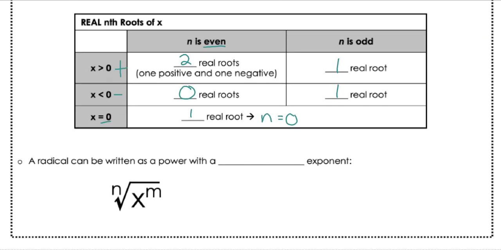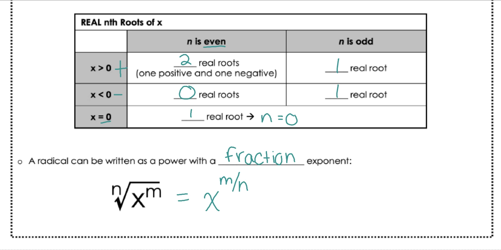We also want to remember that a radical can be written as a power, so an exponent, with a fraction exponent. So we can rewrite the nth root of x to the m power as x to the m over n power. So we can rewrite a radical as a fraction exponent.